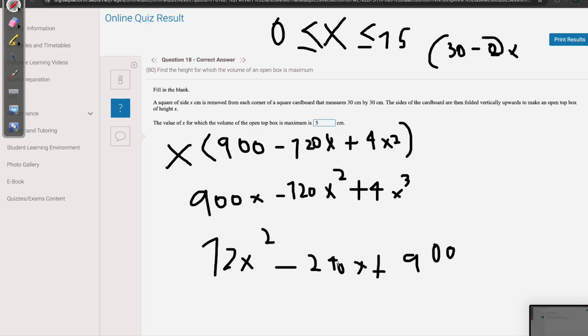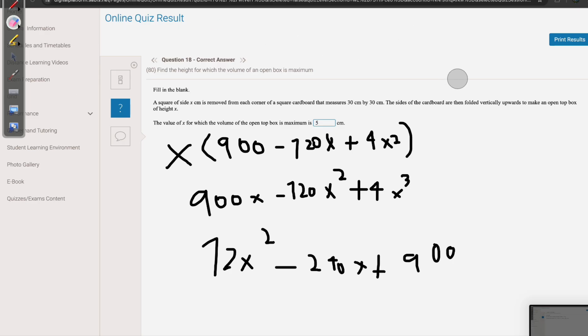Now it will give you two answers. It will give you 5 and 15, and they're both inside the closed interval. So we're just gonna do the table of variation. X, y prime, y, 5, 15, here is 0, here is 0.